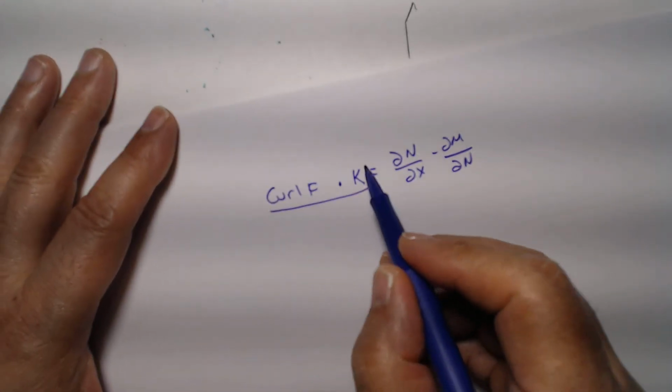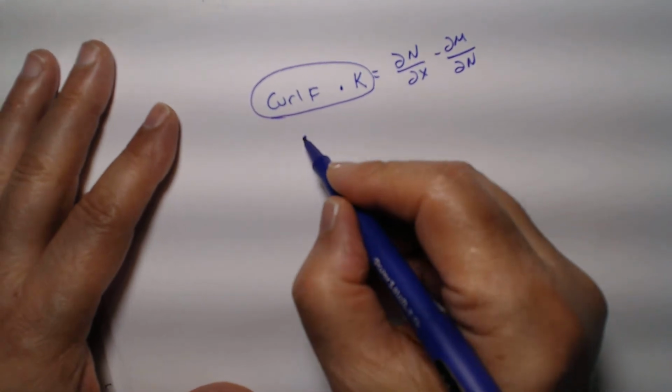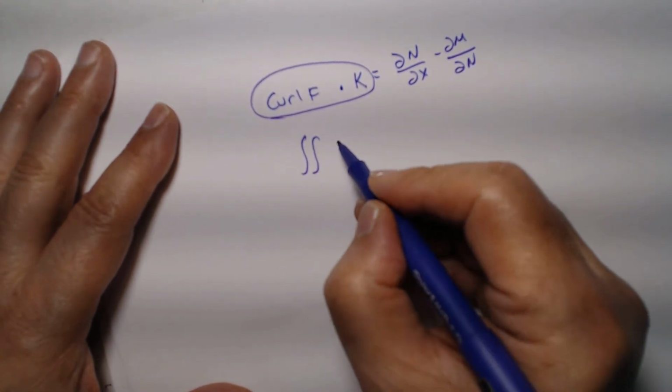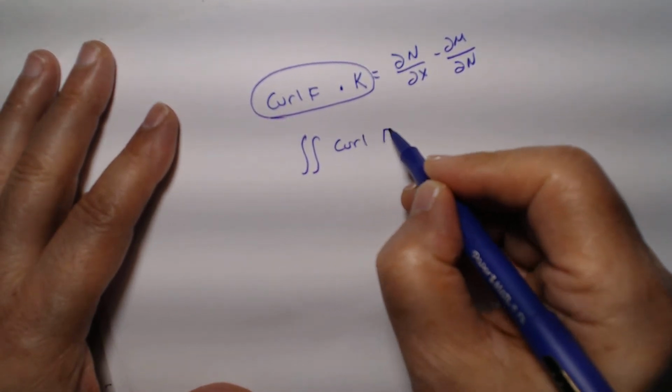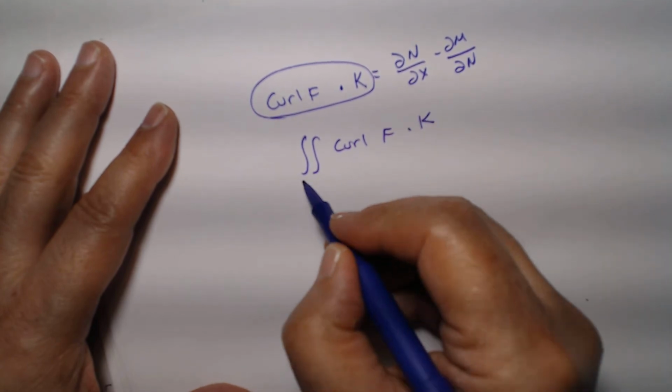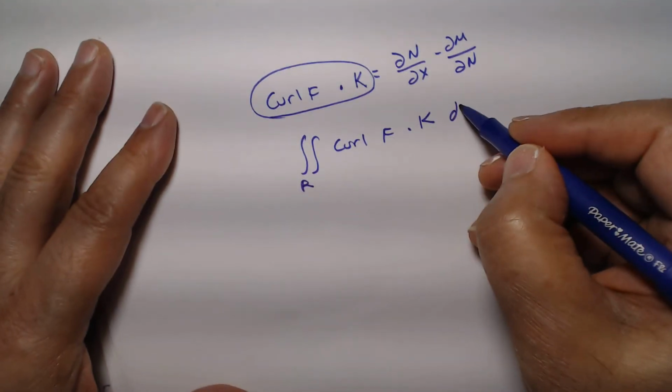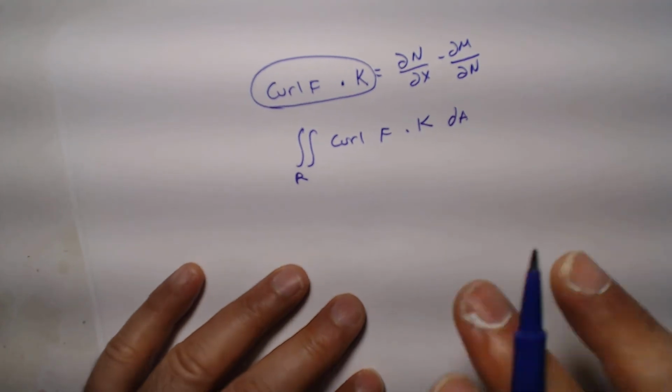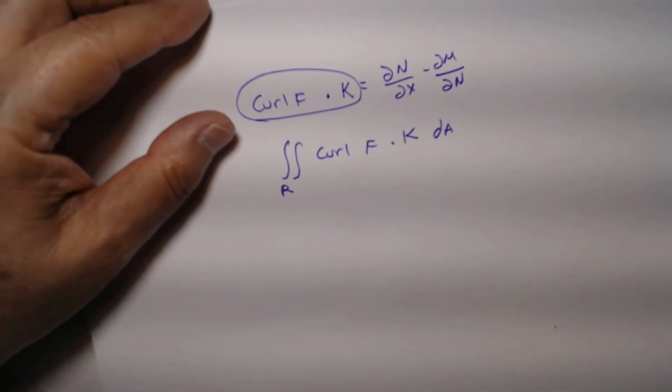Then instead of Green's theorem, we put the curl of f dotted with k over a region dA. That was Stokes' theorem.